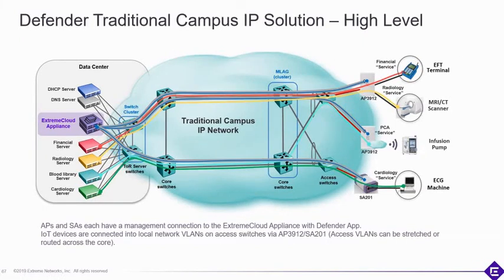Another solution is a traditional IP network, right? Same thing. You have the AP or the Defender, and then you create the tunnel all the way, right? From this device to this device. From this one all the way to the device. So you can have an IPsec tunnel created from the AP, right?